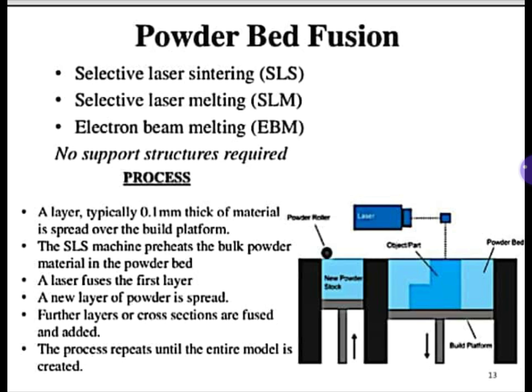There are a number of sources of heat. Either we can produce the heat with the help of laser light, or it may be by passing an electron beam in order to cure the powder material.